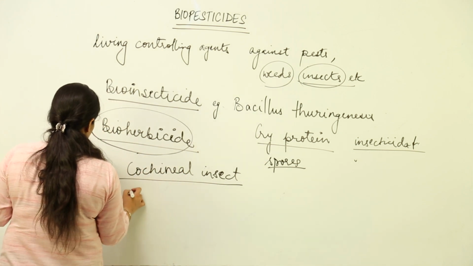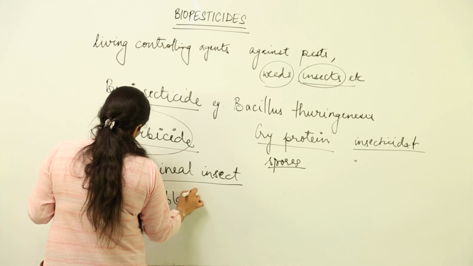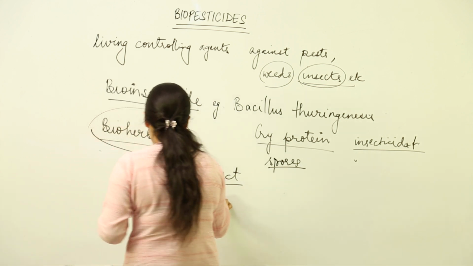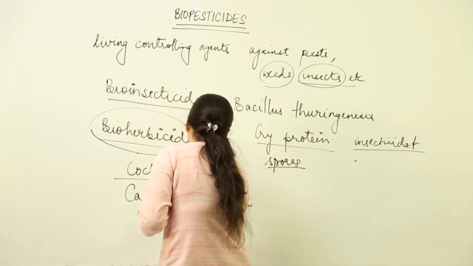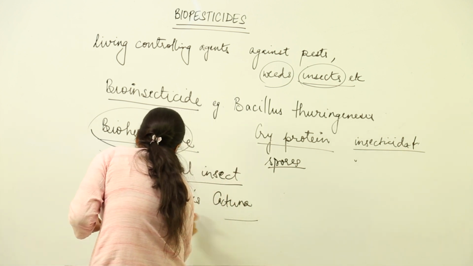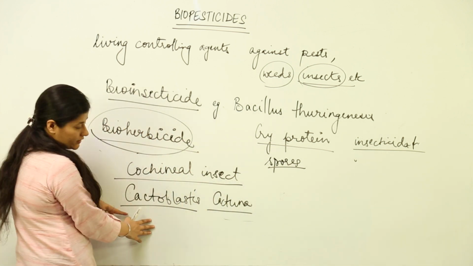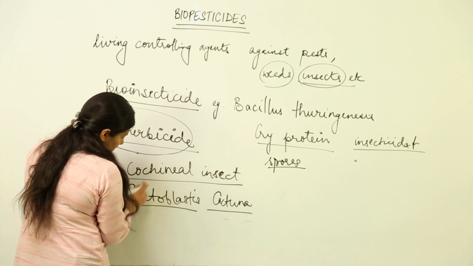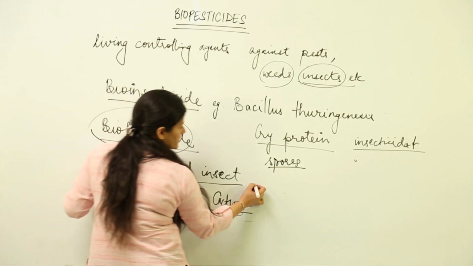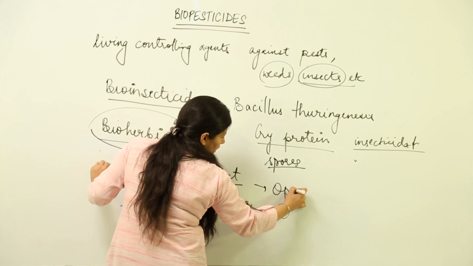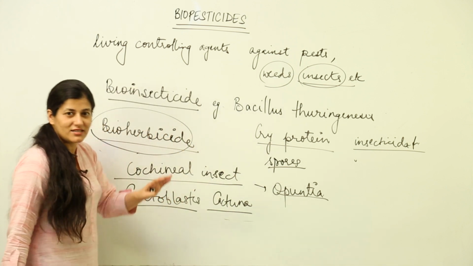This cochineal insect has the scientific name Cactoblastis cactorum. What you get an idea of is that it must be something related to cactus. This is the insect whose natural prey is Opuntia. Now, Opuntia is a type of cactus that is a natural weed.